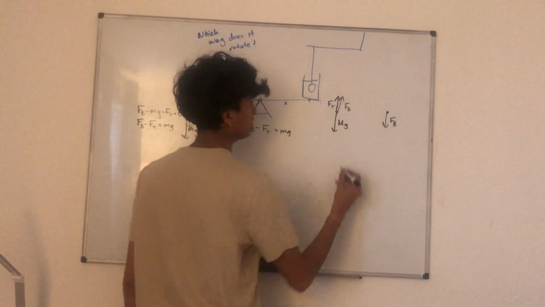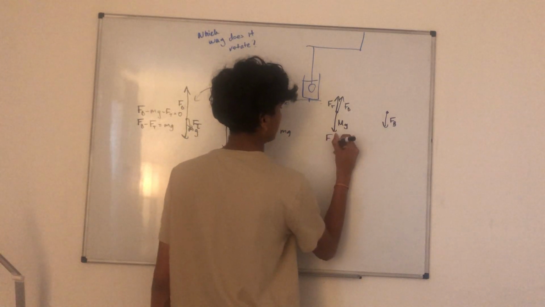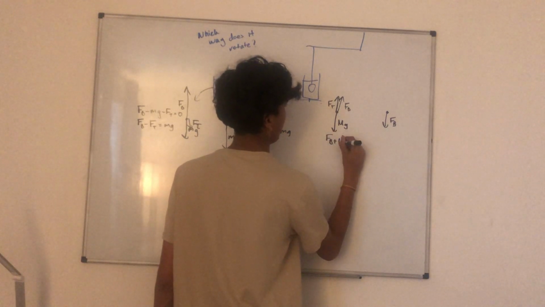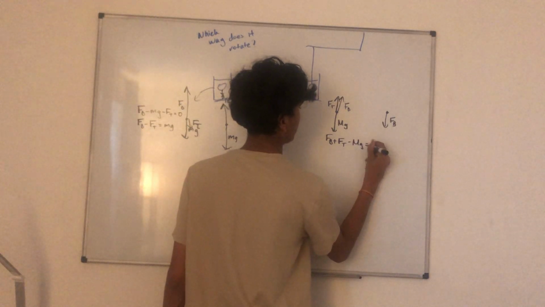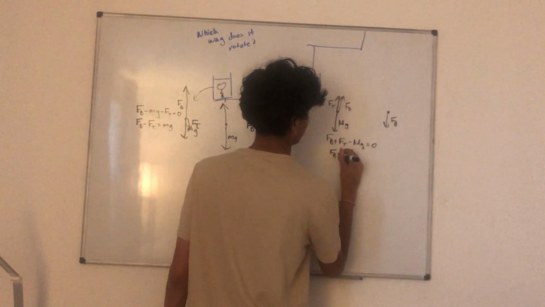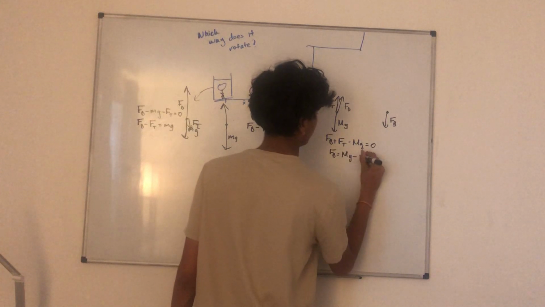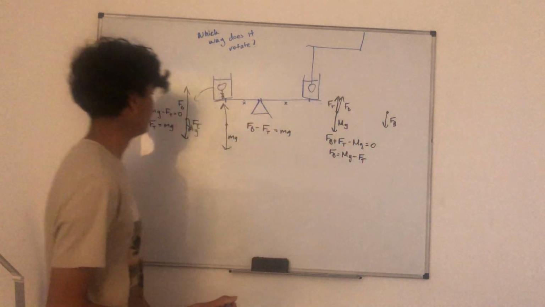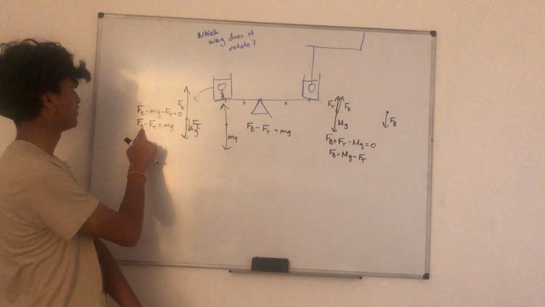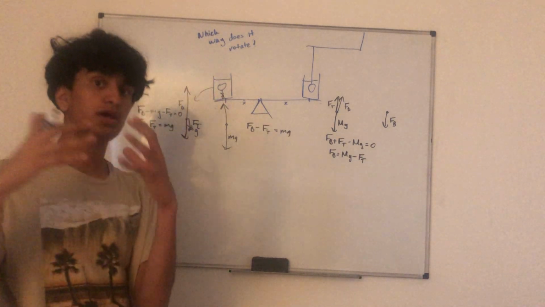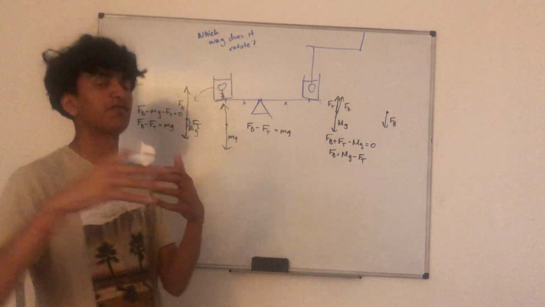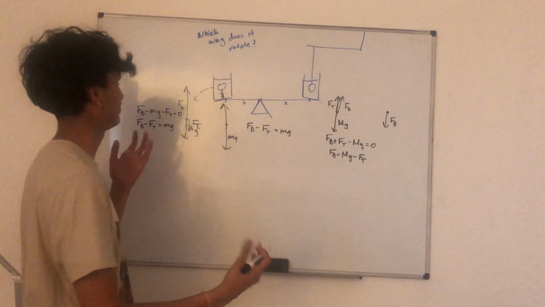Fb, well, if you take a look, if we do Fb plus Ft minus mg equals 0, we get that Fb is equal to mg minus Ft. What I can actually do is say these buoyant forces are the same, because they're the same volume, and they're displacing the same amount of water, and by Archimedes' principle, they'll have the same buoyant force.